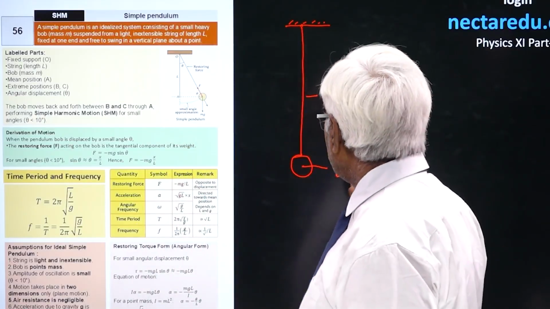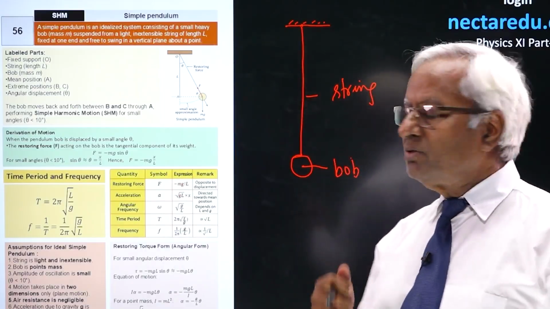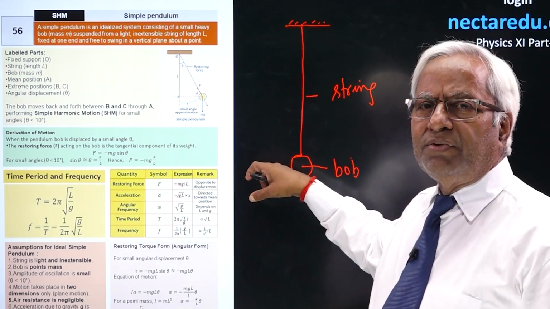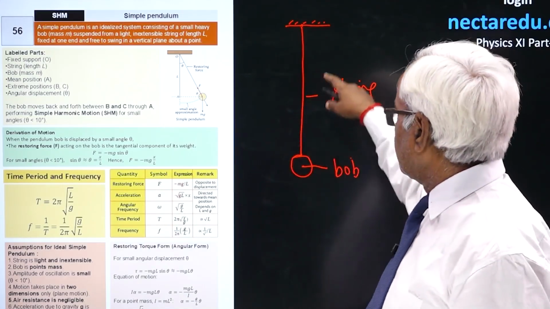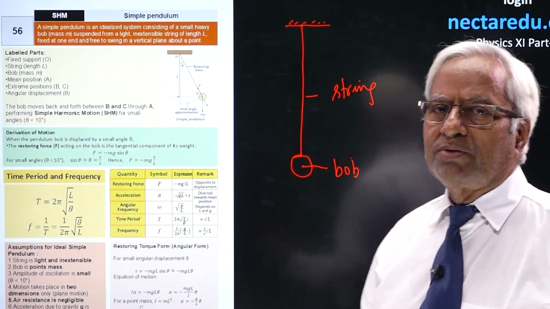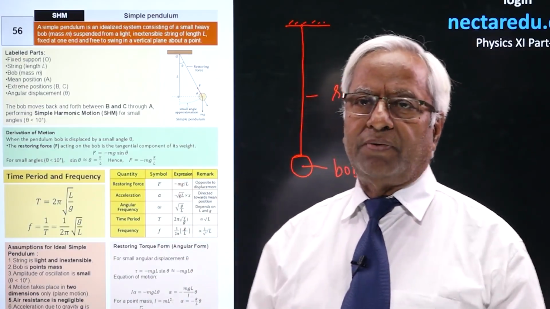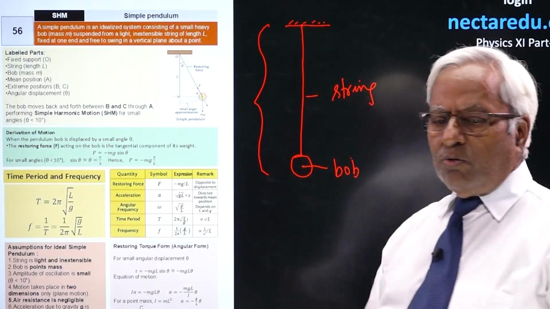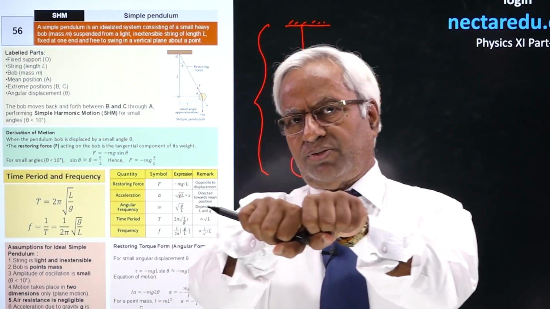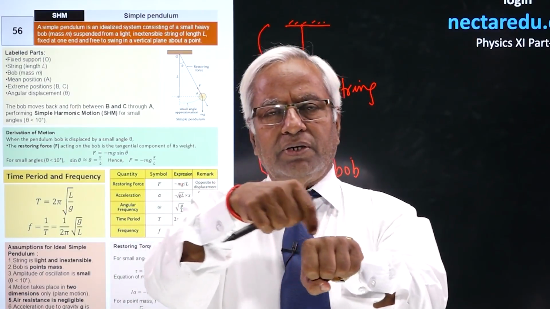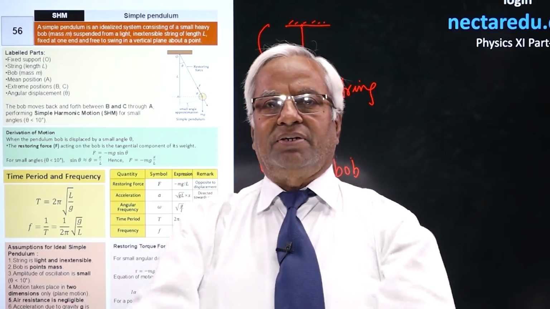See, this is a bob, a heavy mass, and a string, inextensible and very light. We don't consider even the mass of this string. This system itself, free to oscillate, is called simple pendulum. When we consider the length, when I close my two wrists, the distance between these two would be from center to center.